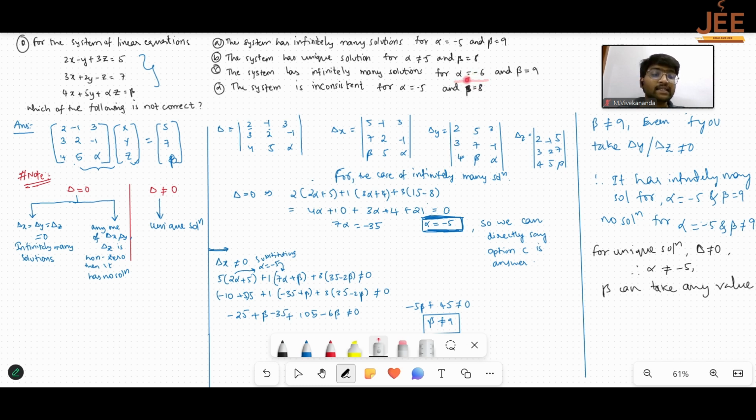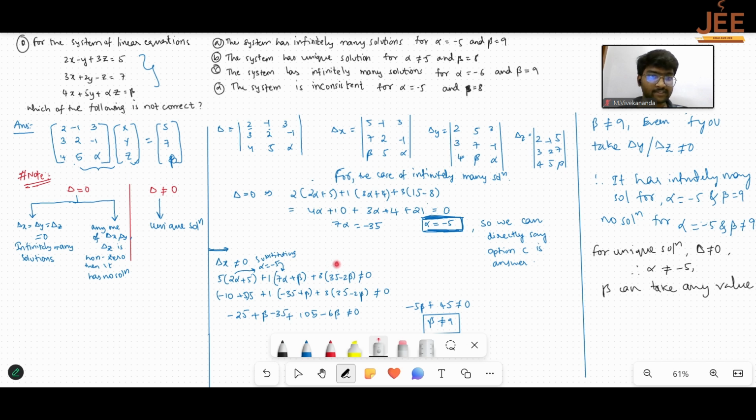The correct value of alpha for which the system has infinitely many solutions is minus 5. But we have to find which of the following is not correct, and since only a single option is correct, we can directly mark option C as the answer. But now we'll check the remaining options also.